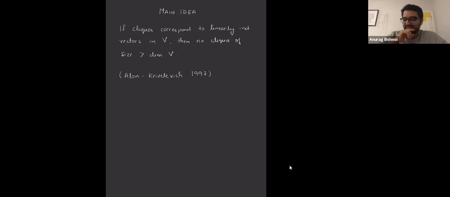It says if you have a graph where the cliques of the graph somehow correspond to linearly independent vectors in some vector space of dimension, let's say some function of s, then you can't have any cliques larger than the dimension of the vector space.